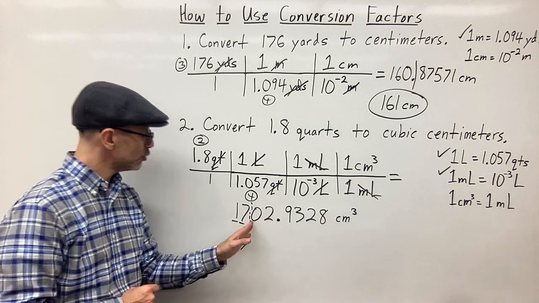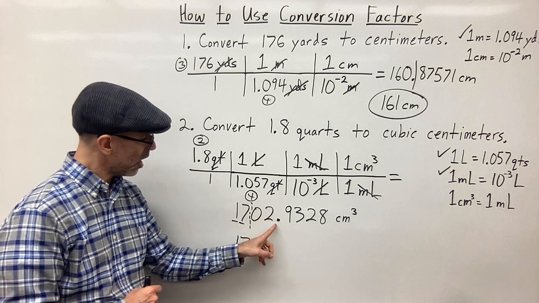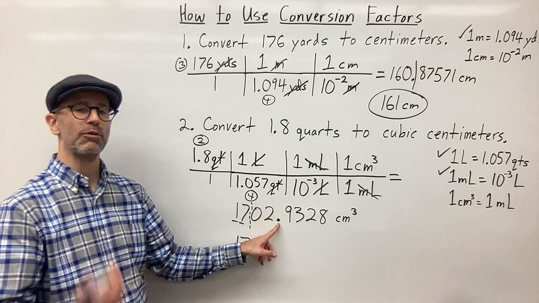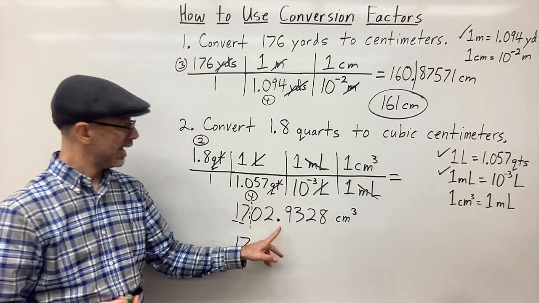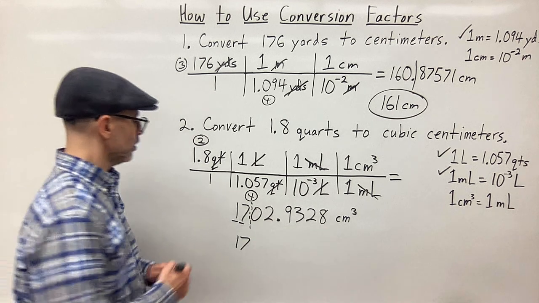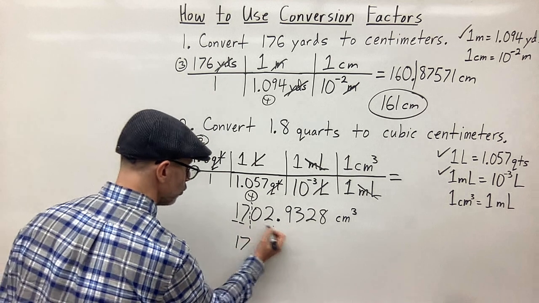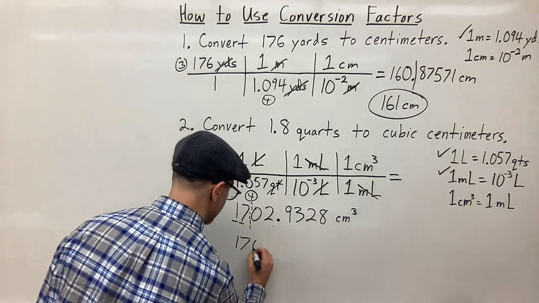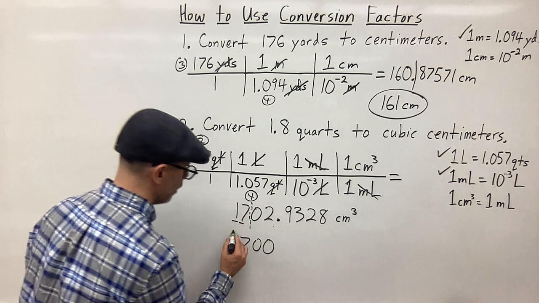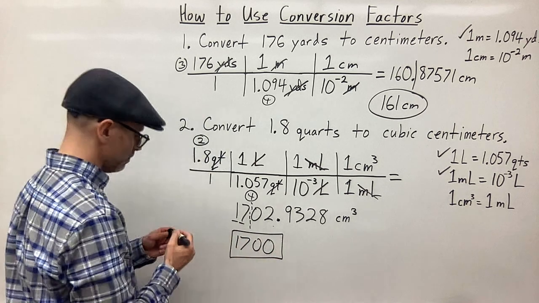If you are dropping zeros that are at the end of the number but come before the decimal point, you've got to replace those with zeros. Anything that comes after the decimal point, you just forget. You don't have to worry about. So these two spaces I have to fill in with zeros. And there I have my number.